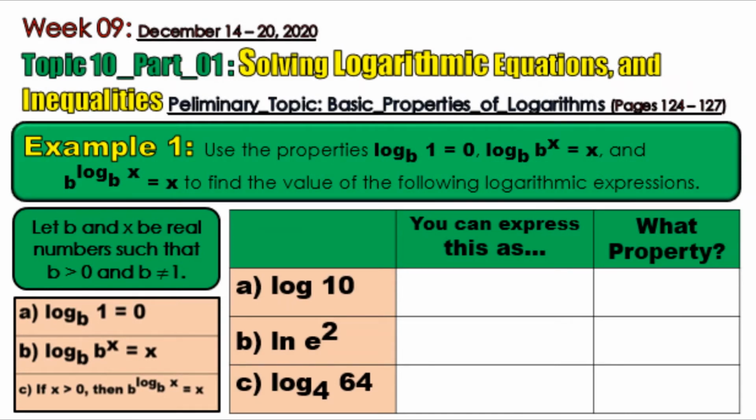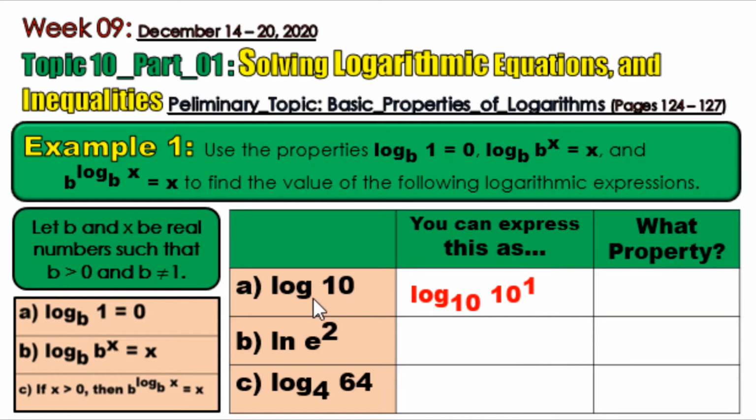Let us have some examples. Use the properties: the logarithm of 1 to the base b is equal to 0, the logarithm of b raised to x to the base b is equal to x, and b raised to the logarithm of x to the base b is equal to x, to find the value of the following logarithmic expressions. Letter A, the logarithm of 10 can be expressed as the logarithm of 10 raised to 1 to the base 10.